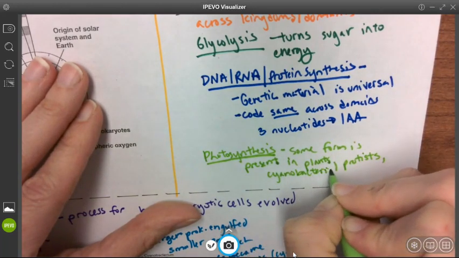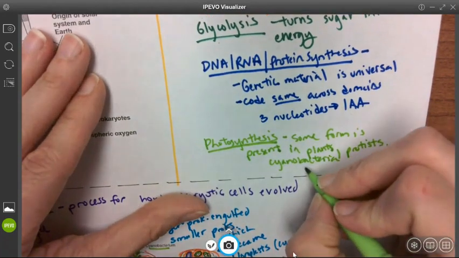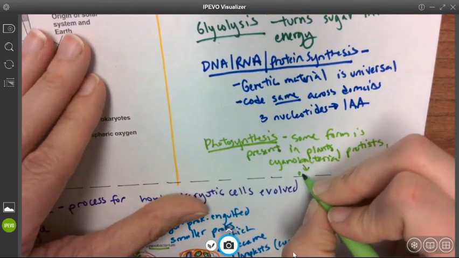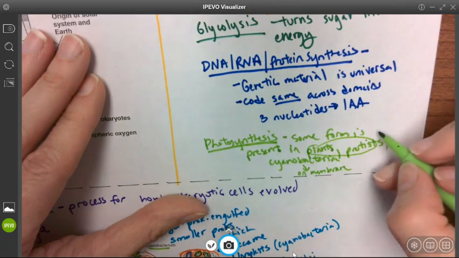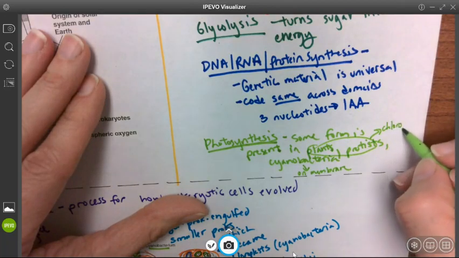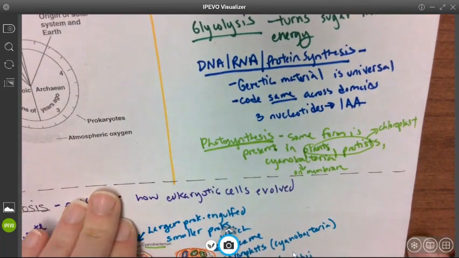So it's not conserved across all organisms, but many organisms, right? And in cyanobacteria, of course, it occurs on the membrane. And in plants and protists, it occurs in the chloroplast. But it's a good example of a conserved process, right?